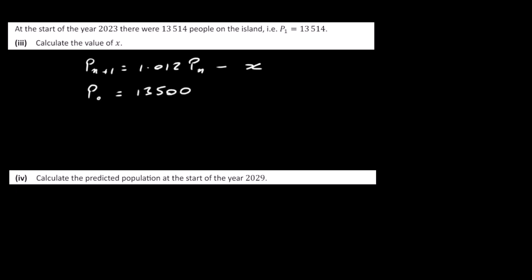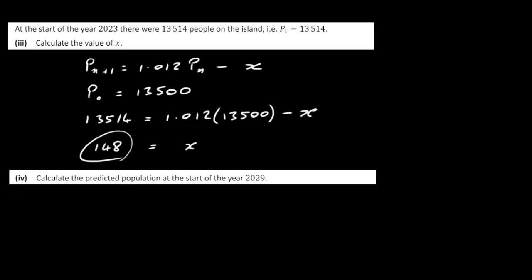So now we know that P1 is 13,514, and that's equal to 1.012 times 13,500 minus x. All you've got to do is solve for x here. So look, I'm just going to do this. It's just x is equal to 148. So all you've got to do is subtract this from both sides and then change the signs. You'll get x is equal to 148. And that's it for part 3.